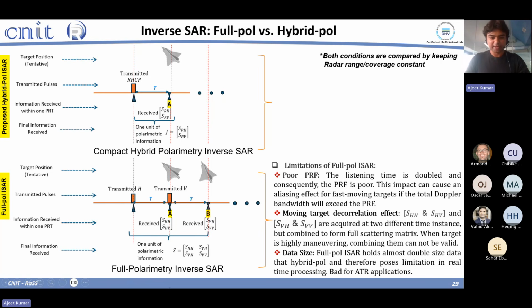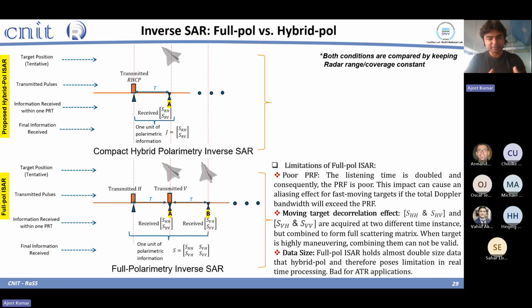Now there is a problem in combining these. First of all, the PRF is affected, because you acquire data up to this time, and then you go for the other data acquisition. So this 2T is the PRT, and somehow the PRF is halved, so it is reduced. That can impact the acquisition, and it can create an aliasing effect, especially for fast moving targets.